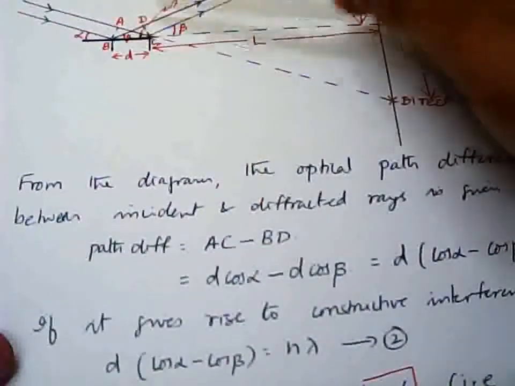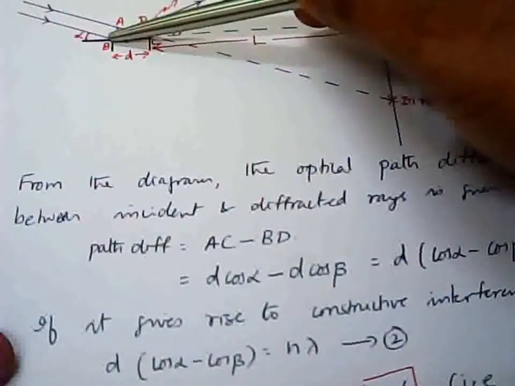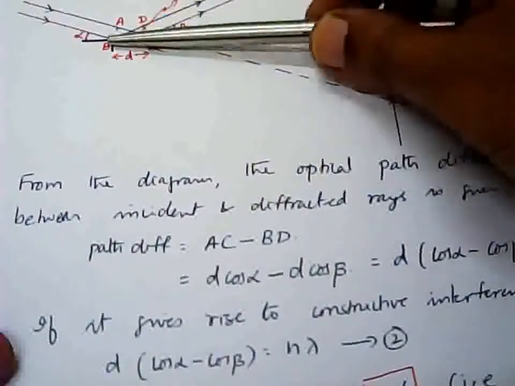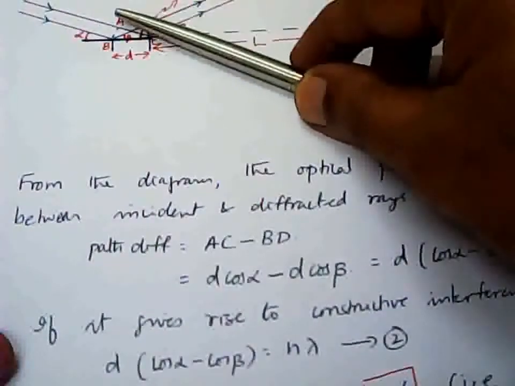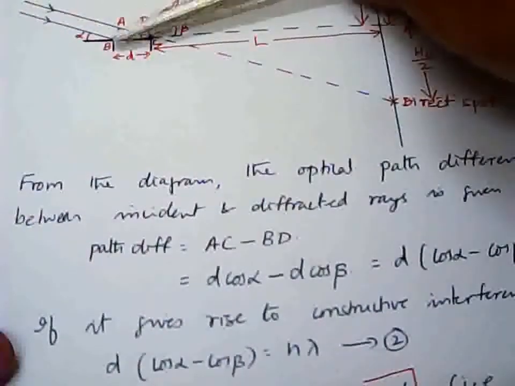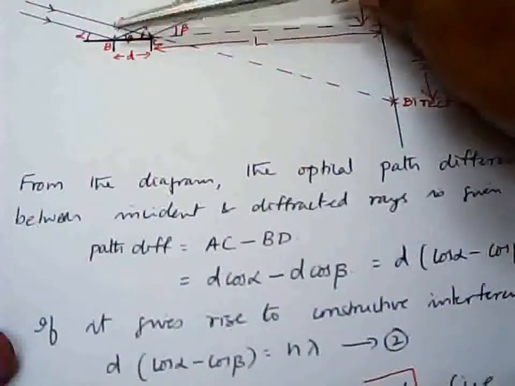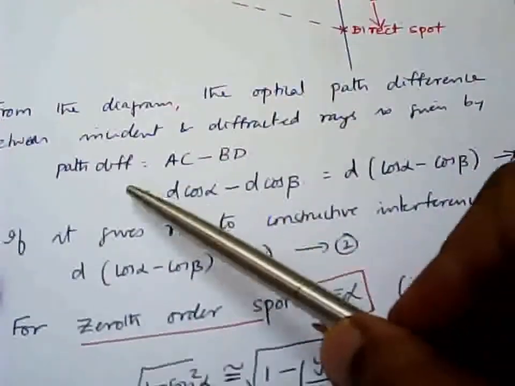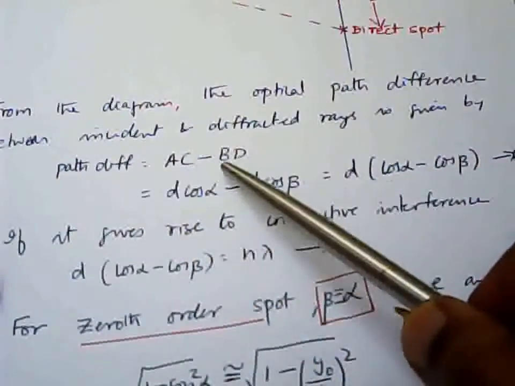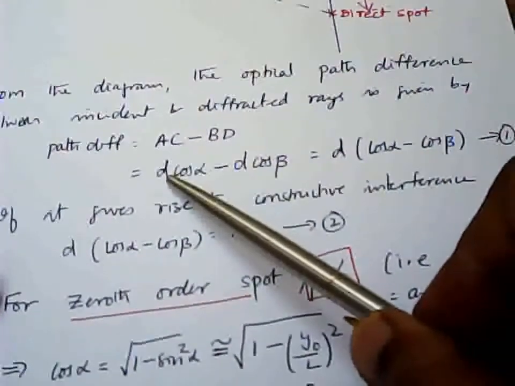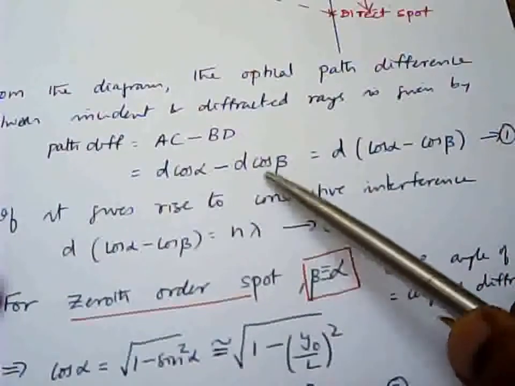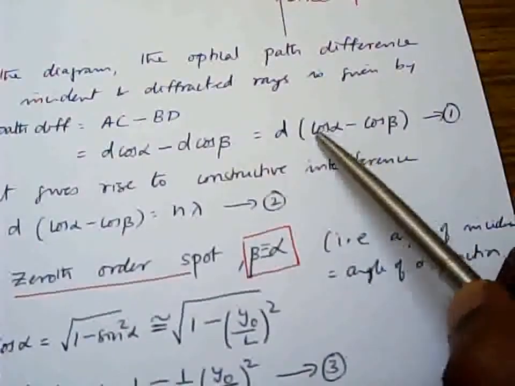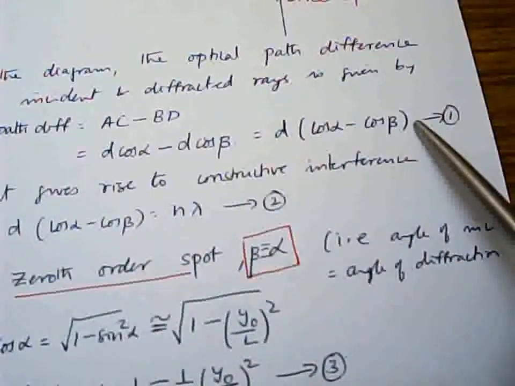So from alpha and beta values, and knowing that this distance is nothing but d, AC is nothing but d cos alpha, and BD is nothing but d cos beta. So that is what I have written here. So the path difference is AC minus BD, which is nothing but d cos alpha minus d cos beta, which works out to be equal to d into (cos alpha minus cos beta).